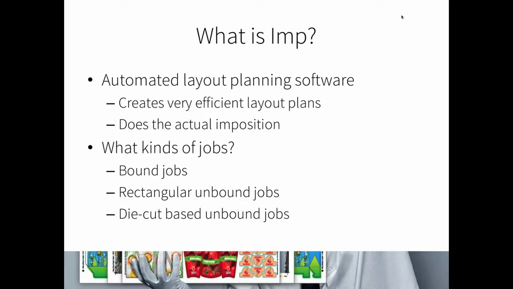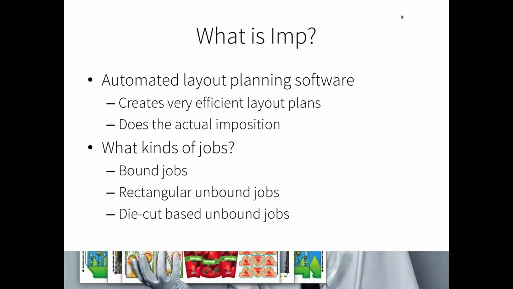It creates very efficient layout plans on the one hand, both for single products and for ganged products, so products imposed together on a sheet, and it also does the actual imposition. And what I'll show in the product itself is that it has some very nice ways in which that can be implemented in a larger company where you have planners and you have people in prepress doing imposition.